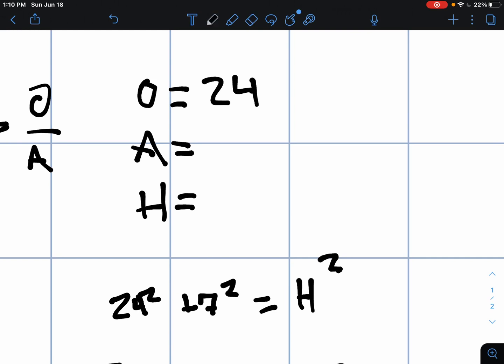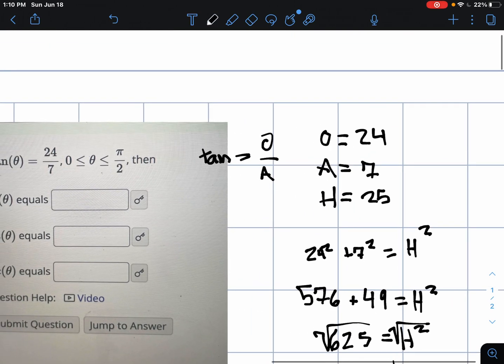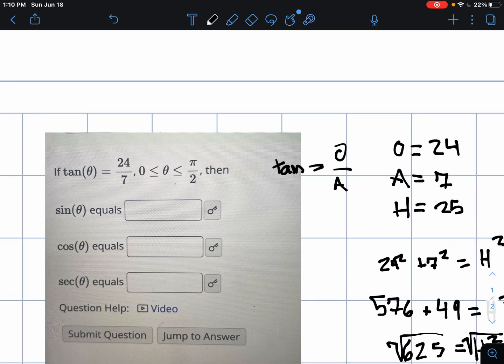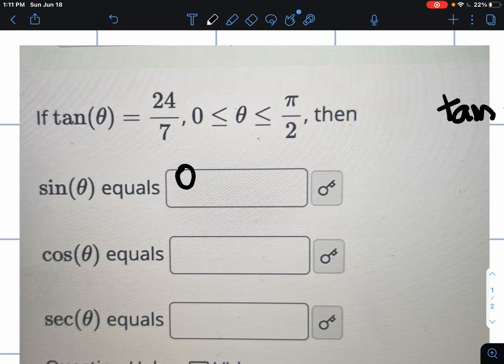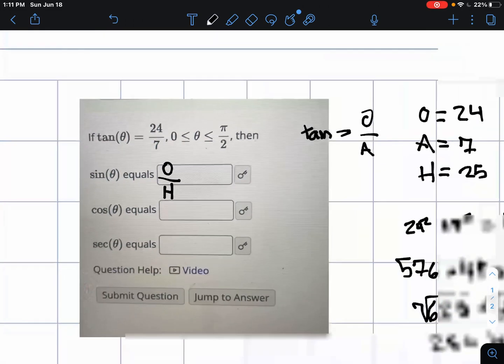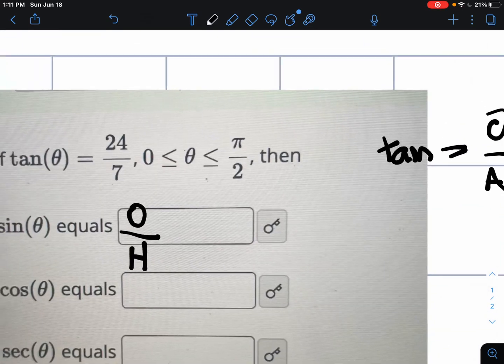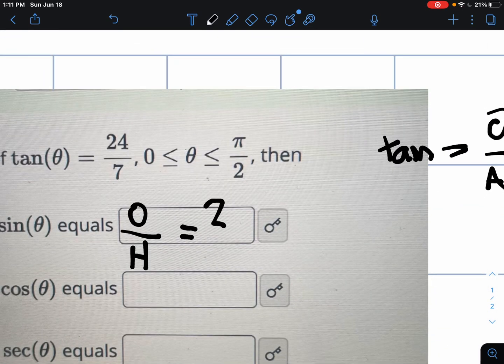So we know that sine is opposite over hypotenuse. And so we have opposite 24 over 25, 24 over 25.